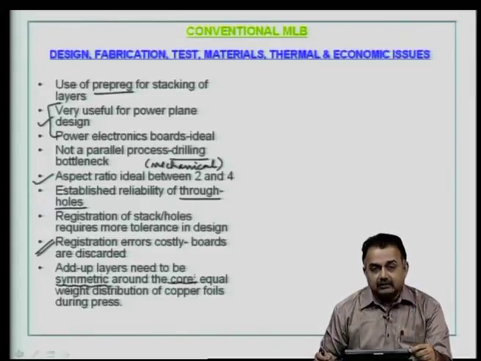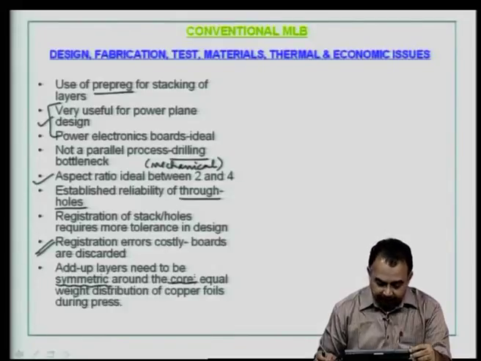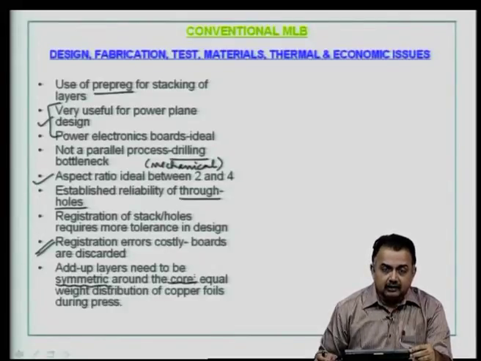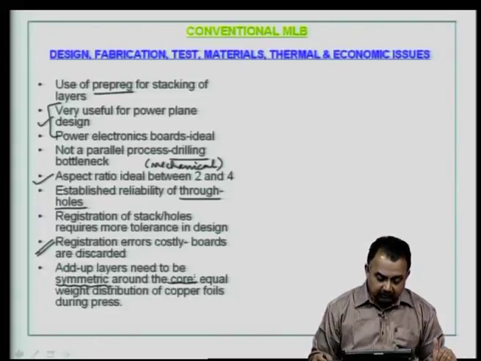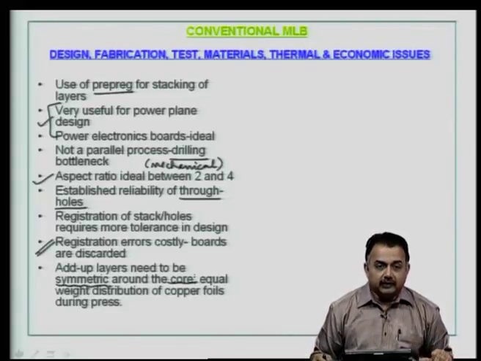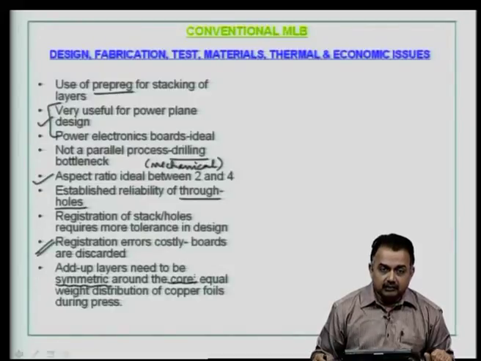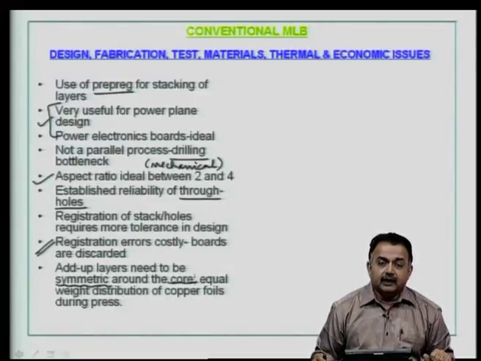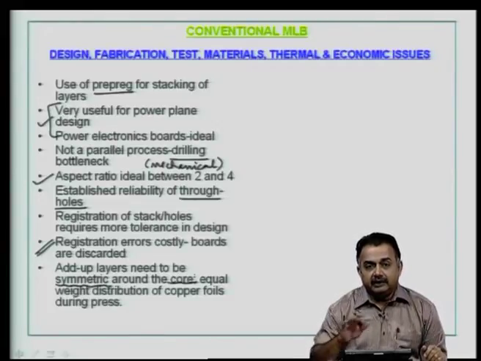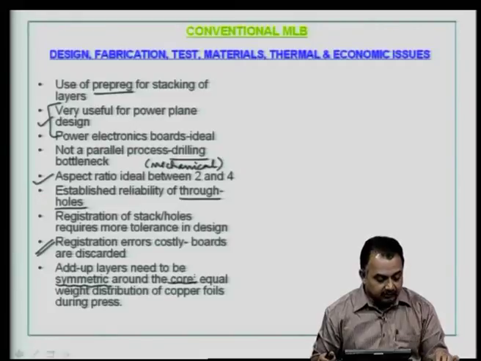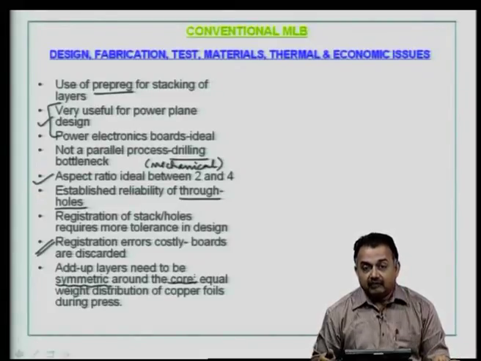The core is usually thick to maintain the rigidity, and the symmetric requirement of adding one layer at the top and one layer at the bottom in your design is basically because you want to provide equal weight distribution of copper foils during the multilayer press, and also it enables maintaining the rigidity of the board, maintaining the planarity, otherwise you will end up with a warped board. So, warpage is a major issue after fabrication.